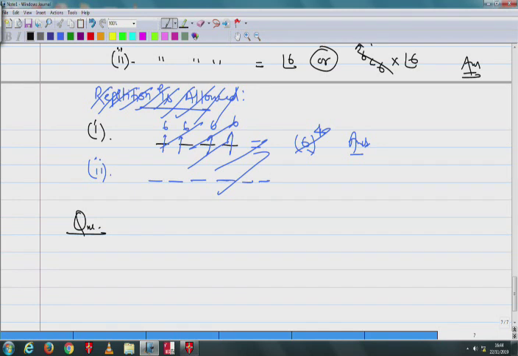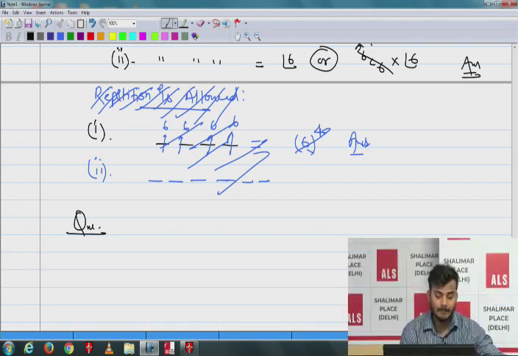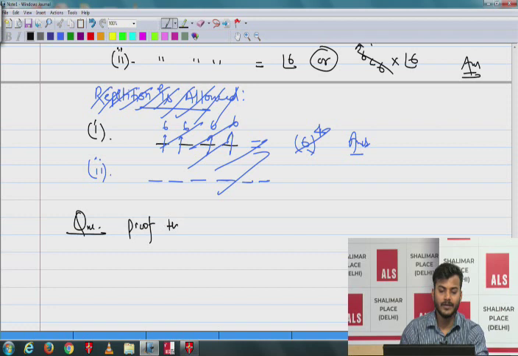this is a good one. Prove that nCr plus nCr minus 1 equals n plus 1 Cr.